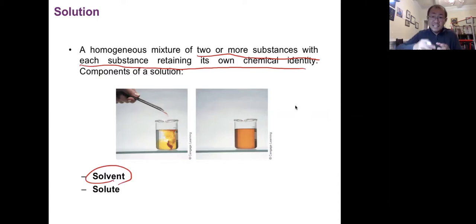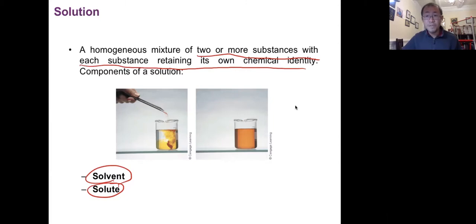The others that exist in relatively minor amounts are called a solute or solutes, depending on how many components you have. Sometimes you wonder, what about 50-50? In that case, you can call either one the solvent. There's no really strict rule on that.